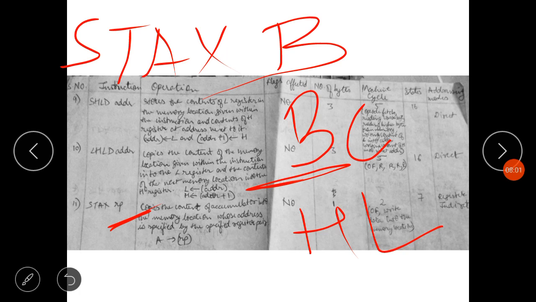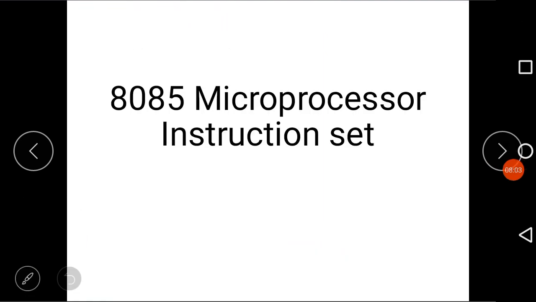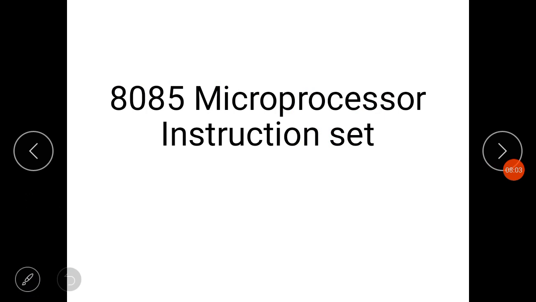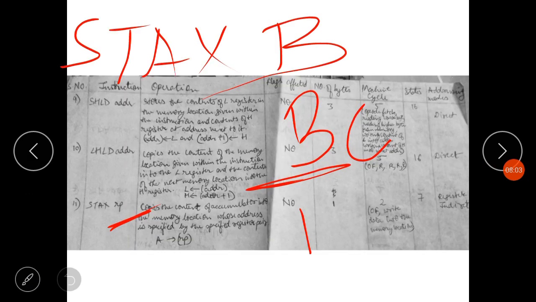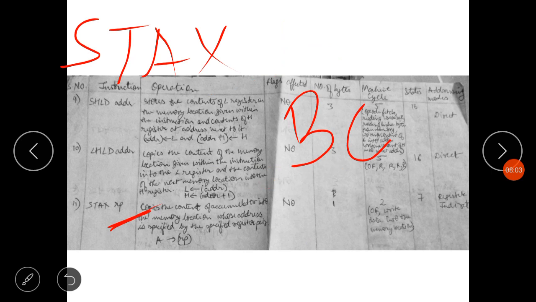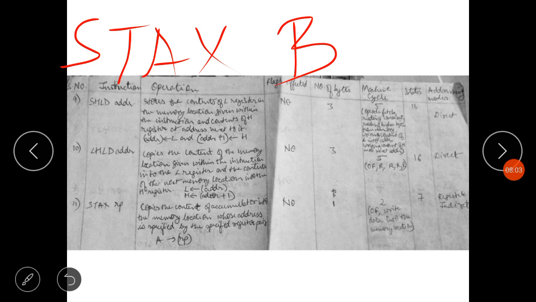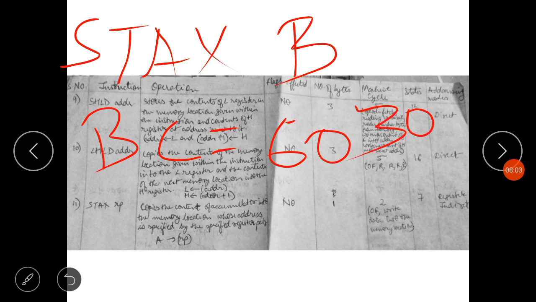Now what does this instruction do? Let us take STAX B, and let us suppose the content of BC register pair is 6030H.